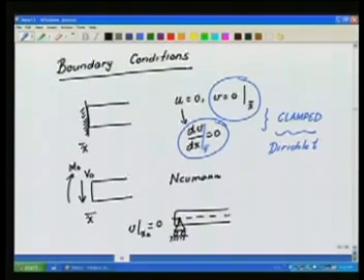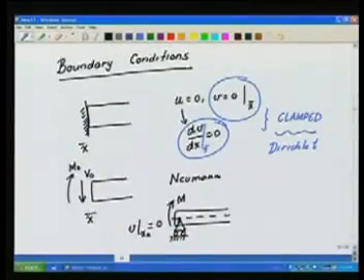Okay. Now if v is 0, then I am actually allowed to give a moment if I want, a rotation. So I can apply a moment m0 or leave it free. Okay. So this is called a pinned end.